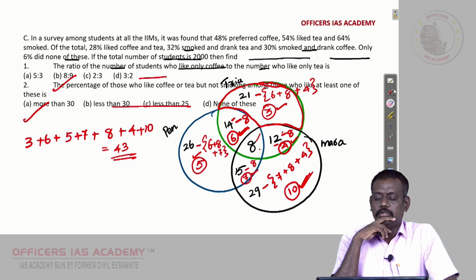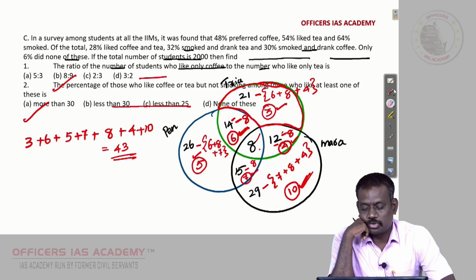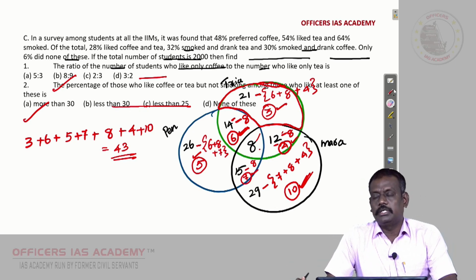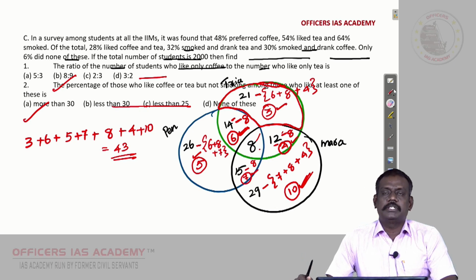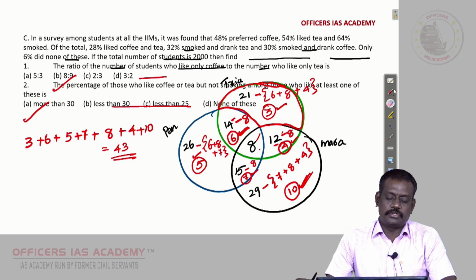It was found that 48% preferred coffee, 54% liked tea, and 64% smoked. And 28% liked coffee and tea, 32% smoked and drank tea, and 30% smoked and drank coffee. Only 6% did none of this. If the total number of students is 2000, then find.